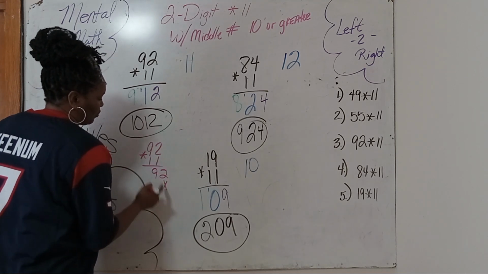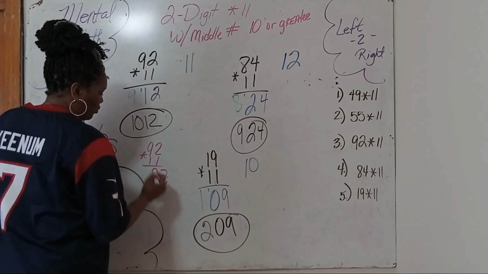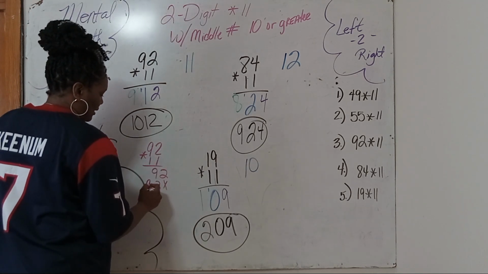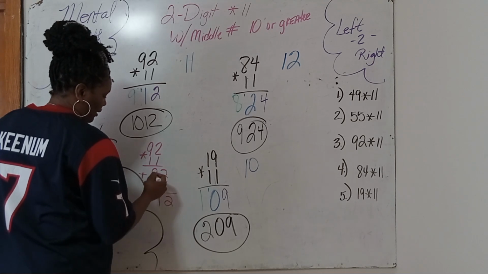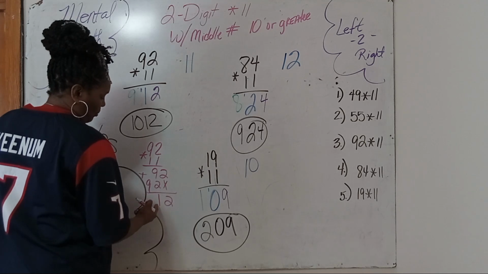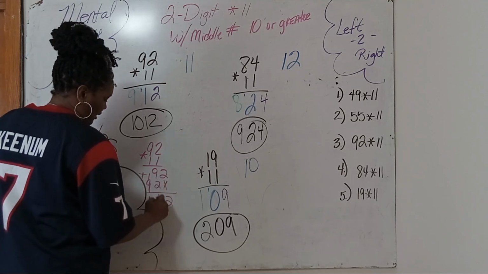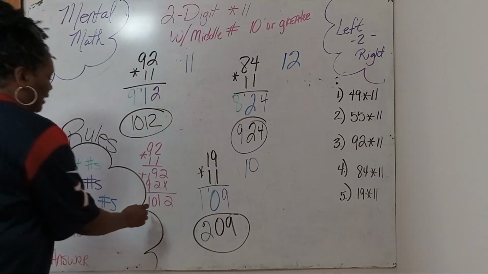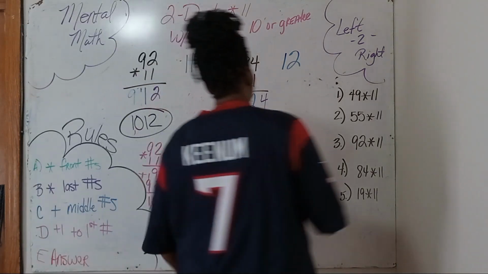I'm done with this one, so I put an X. I go to this 1. 1 times 2 is 2. 1 times 9 is 9. Now add all this together. 2, 1, 2. 9 plus 2 is 11. So I put my 1 and I carry my 1. 1 plus 9 is 10. My answer is 1012.